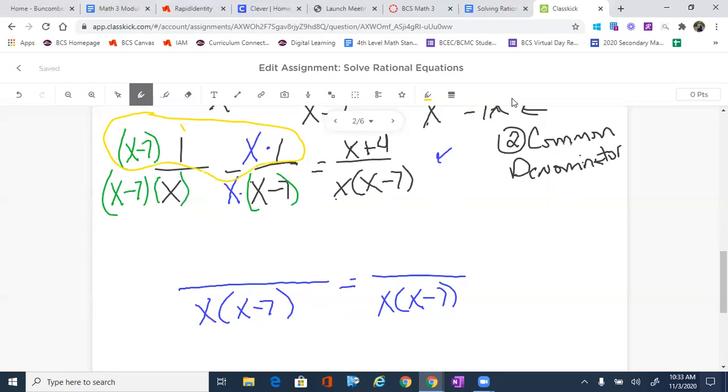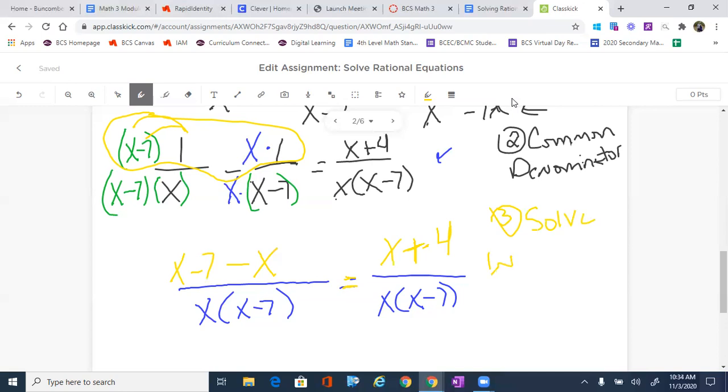We distribute in the 1, but it just leaves it as x minus 7. And then we have minus 1 times x, which is minus x, and that is equal to x plus 4. Because the denominators are equal, the only way these fractions can be equal is if the numerators are equal. So number 3, once we have a common denominator, we solve with the numerators.